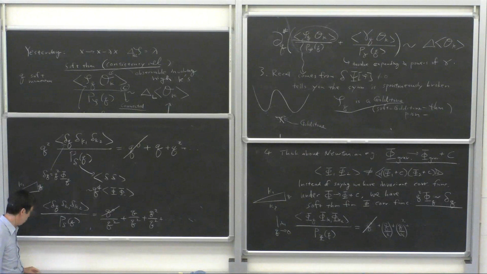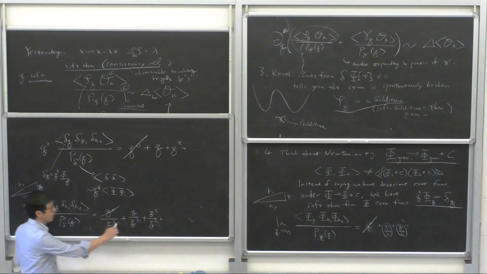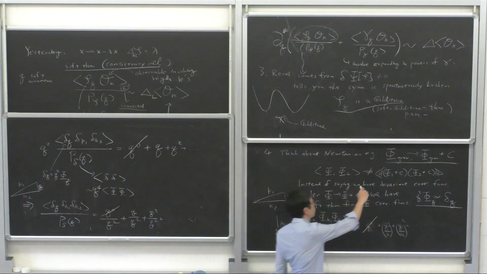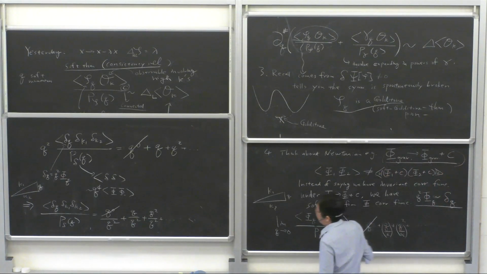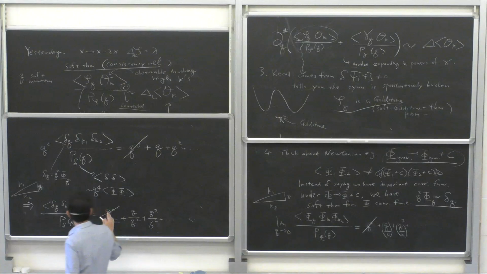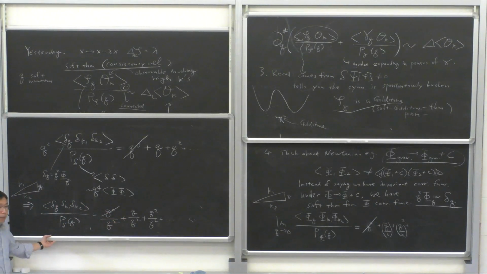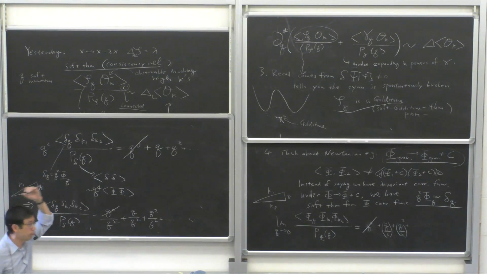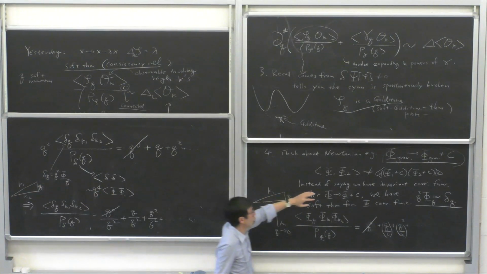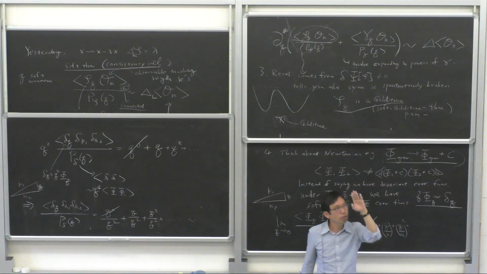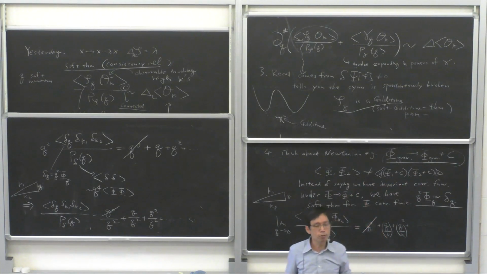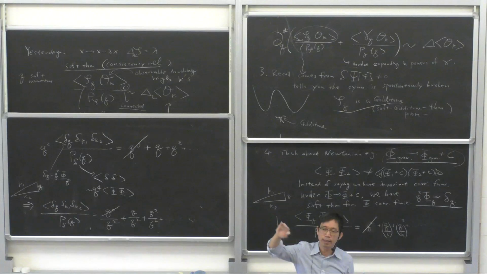But let me wrap up what I want to say by saying the following. It looks like then this symmetry, which is shifting the potential by a constant, tells you that there's no 1 over q squared pole, but it looks like potentially allows a 1 over q pole. It turns out there is an additional symmetry that you can write down, which involves shifting the gravity potential not by a constant, but by a linear gradient. Imagine you have a gravity potential which is pure linear in x. What does that look like?